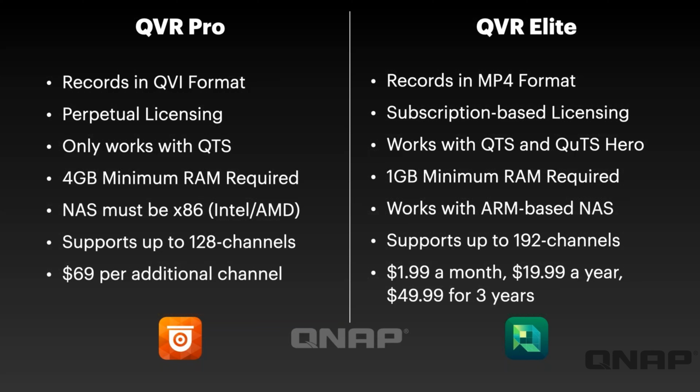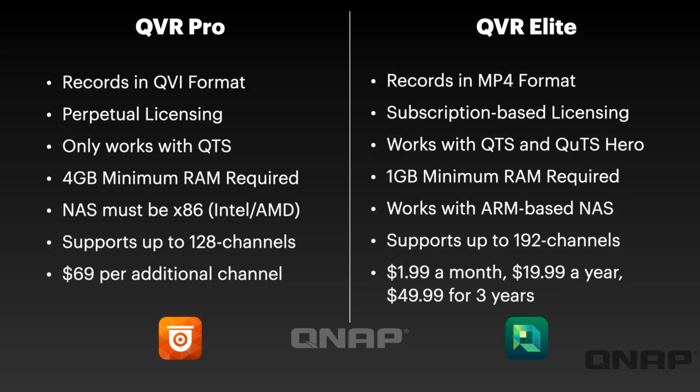Another huge difference is the licensing structure. QVR Pro is perpetual licensing, which does make it a little bit more expensive, especially for the initial deployment. But with QVR Elite, you can do anything from a couple of extra cameras for $1.99 a month. It's a much lower upfront investment to deploy it.